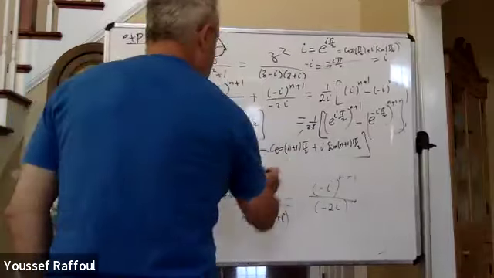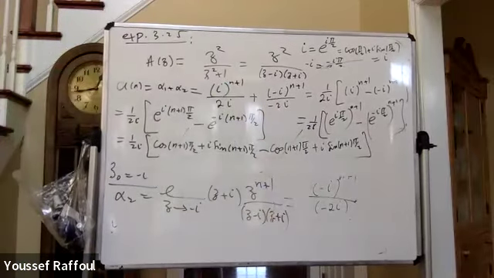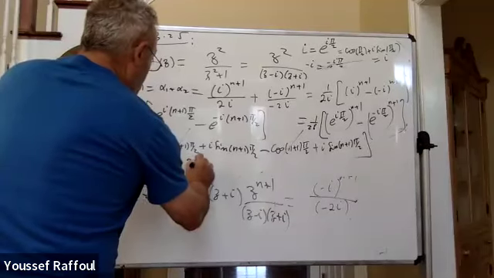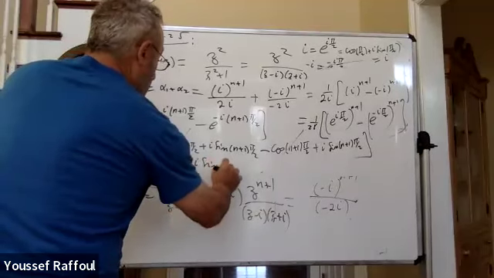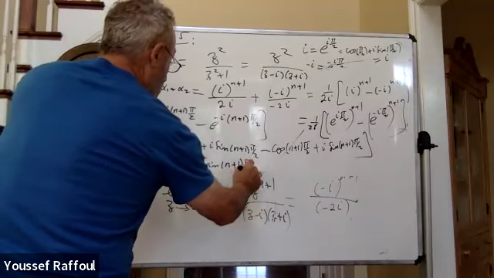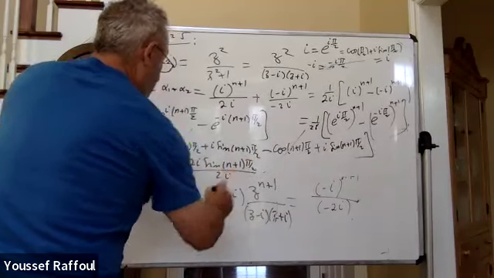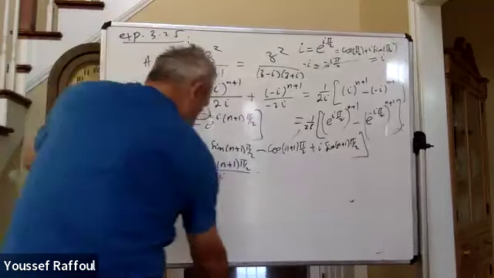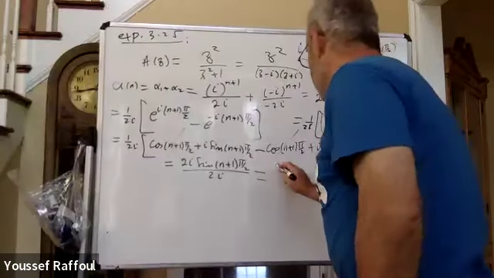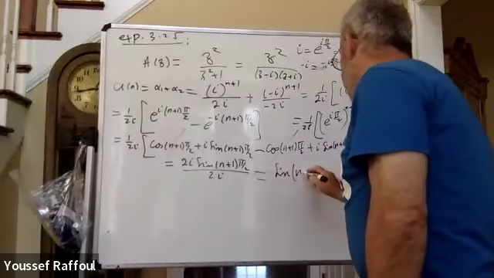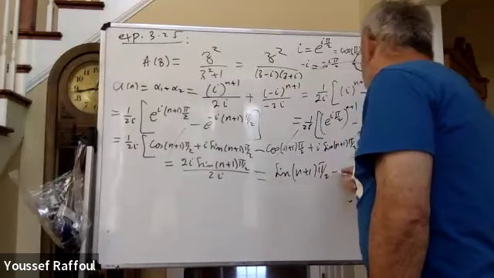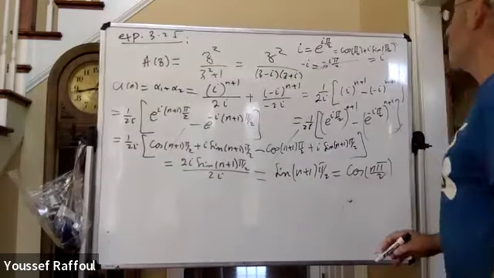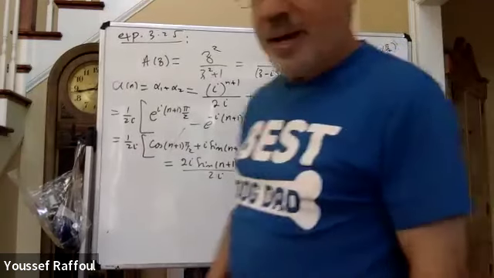You see this and this cancel out, and we have 2i sine (n plus 1) pi over 2 over 2i, and that is sine (n plus 1) pi over 2, and that is cosine n pi over 2, as we got from there.